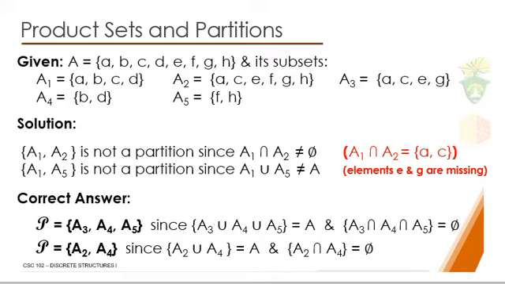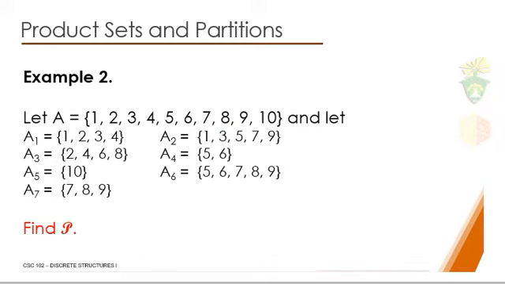Okay, let's have another example. Example number 2. We let A to have the following elements. The numbers 1 through 10. And we let the following subsets A1 to A7. So again, your task is to find the partition set.